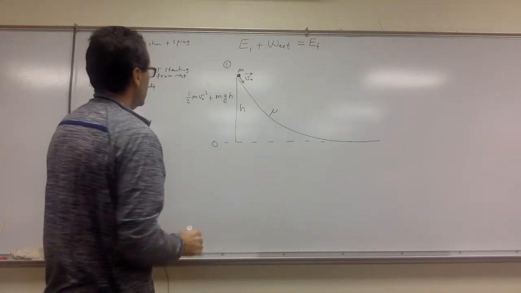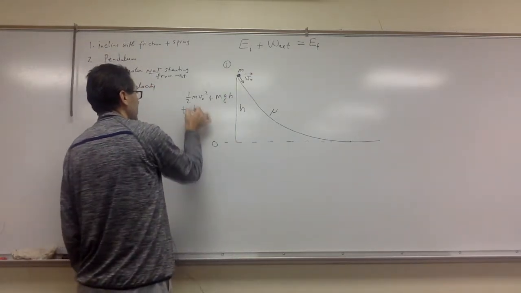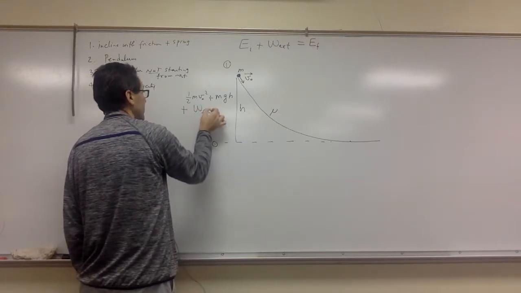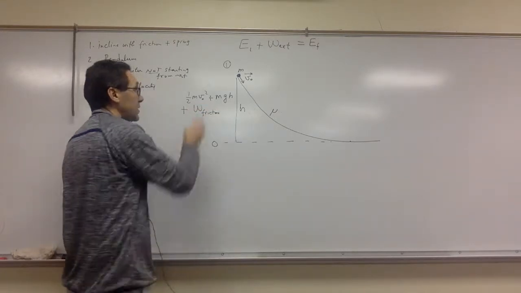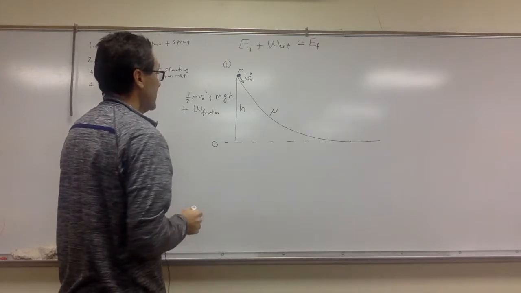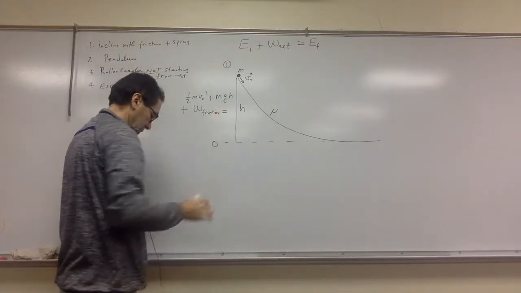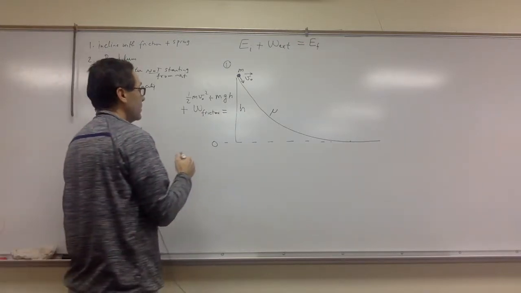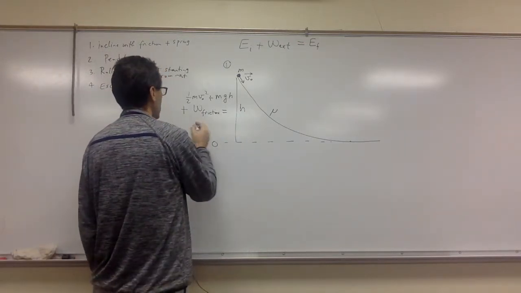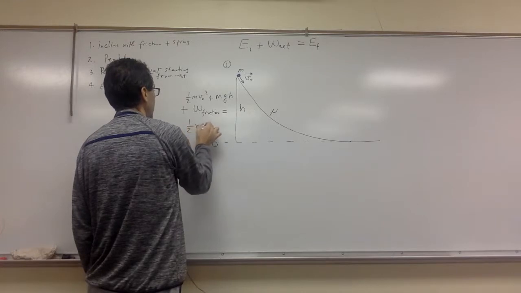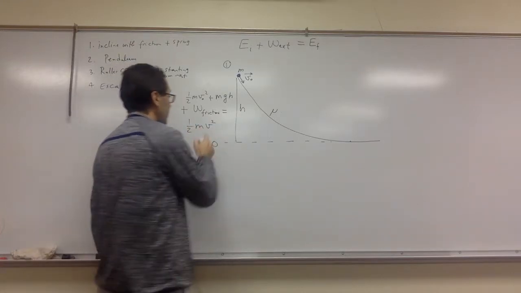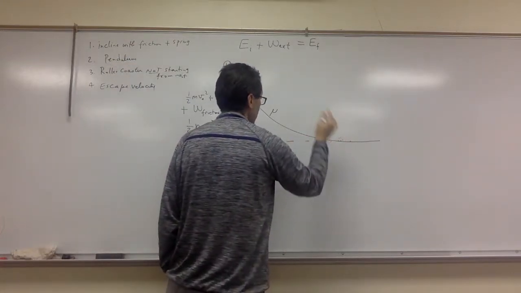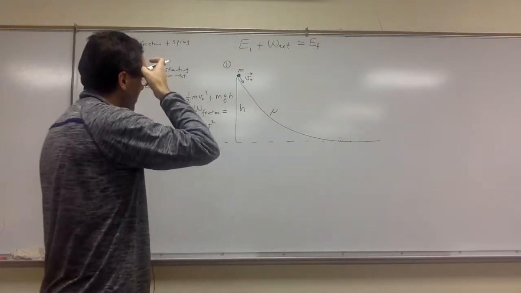And there is some work done by friction, so plus the work done by friction in between the top and the bottom, and that should equal the total energy that I have at the bottom. Well, at the bottom, the only thing I really have is just 1/2 mv squared, just kinetic energy. So the v here is the v of the ball when it's at the very bottom of that ramp.